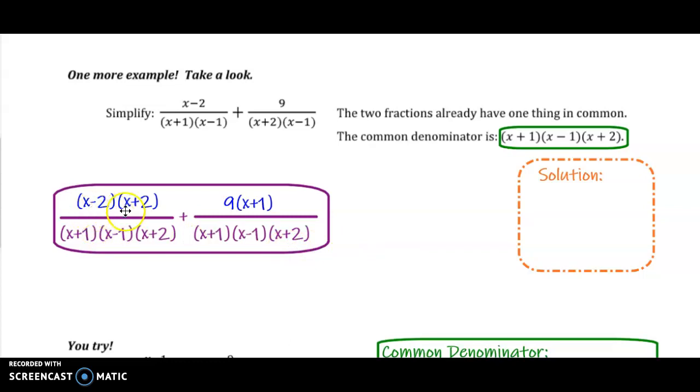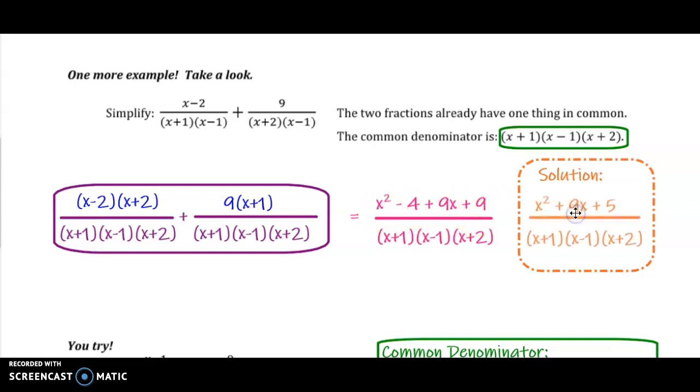When I multiply x minus 2 times x plus 2, I get x squared minus 4. And when I multiply 9 times x plus 1, I get 9x plus 9. So then my final answer is just to simplify the numerator by putting it in standard form and combining any like terms. So my final solution would be x squared plus 9x plus 5 over my common denominator.